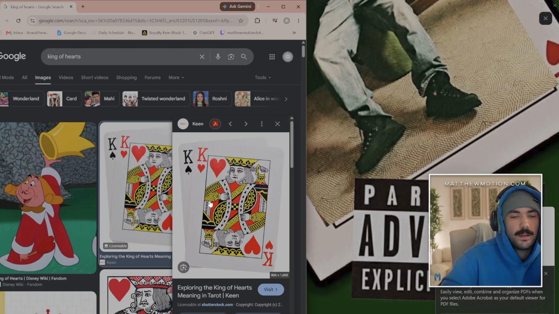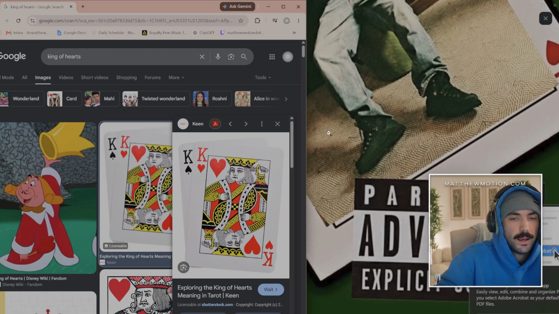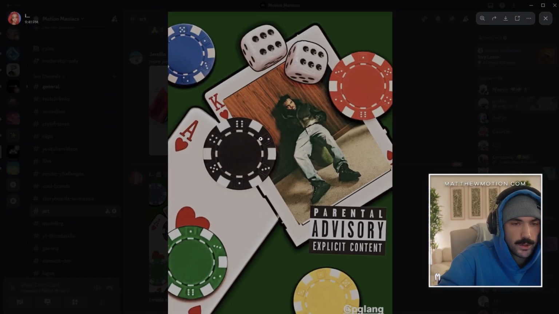This is immediately going to be like, oh, this is a card. Subconsciously, people are going to be like, oh, it's a card. And I would say that since everything is so illustrative, since this is a real life photo, it'd probably be cool to see some sort of posterized, graphic filter effect on his photo, right?